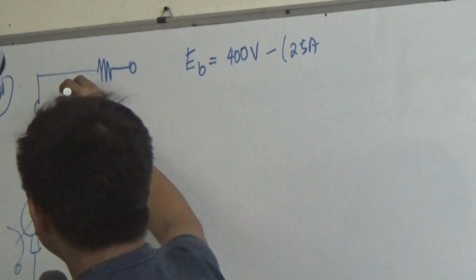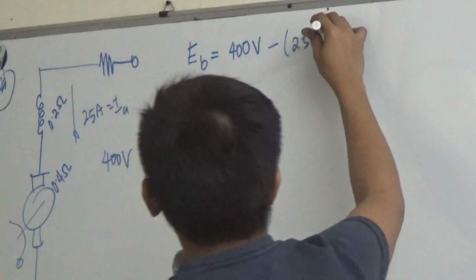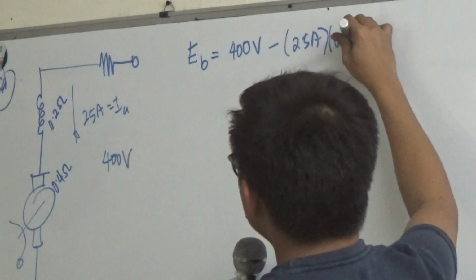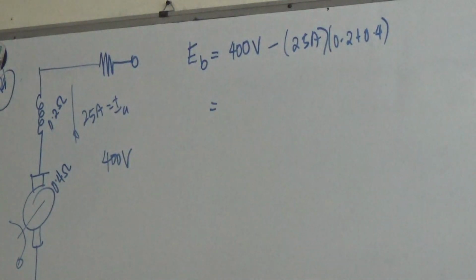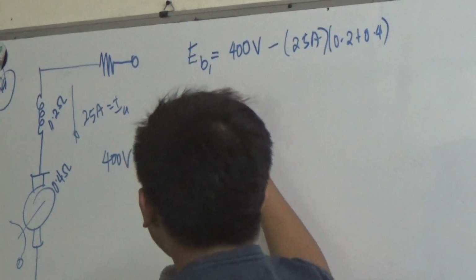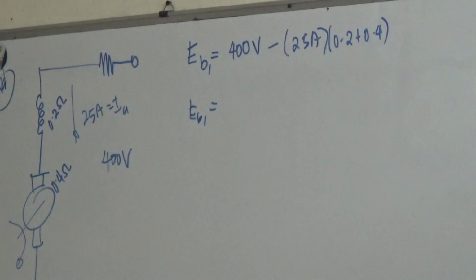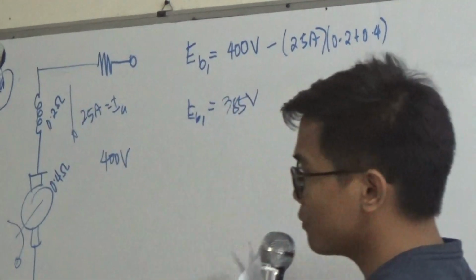So meron pa na siyang 25 amperes na IA, multiplied by 0.2 plus 0.4. This will be your EB1. So 385 volts.